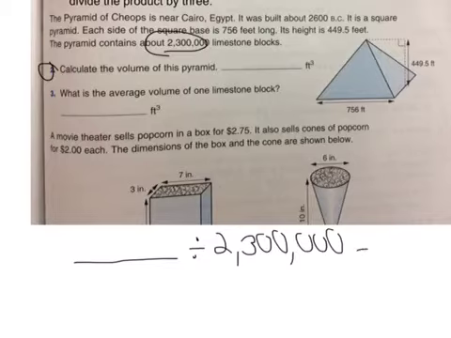When you divide that, you should get about 37 decimal something. It's fine if you just simply write 37 because we're looking for an average. So it's about 37 feet cubed, and that's the volume of each limestone block.